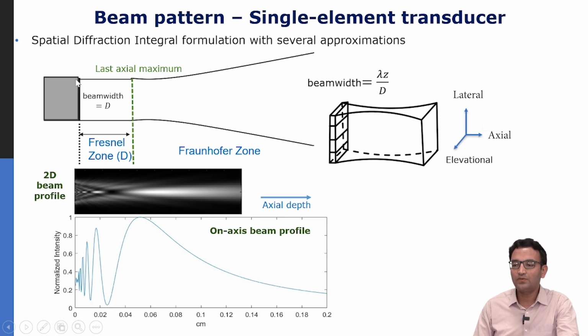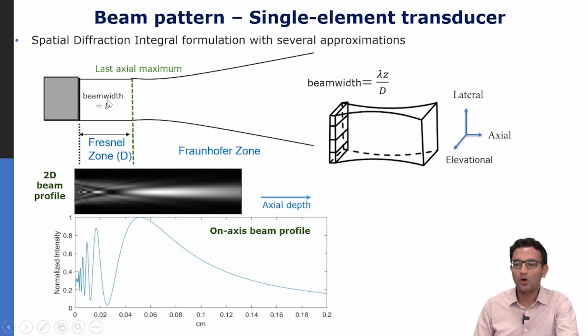And essentially what we are doing is we are considering our extended source, our transducer, to be a combination of a large number of infinitesimal objects or points, and we just sum up the signal from those points to get the beam profile.